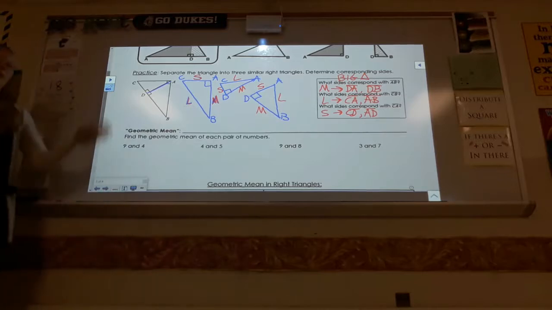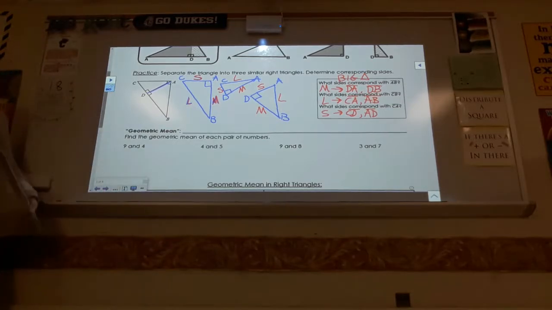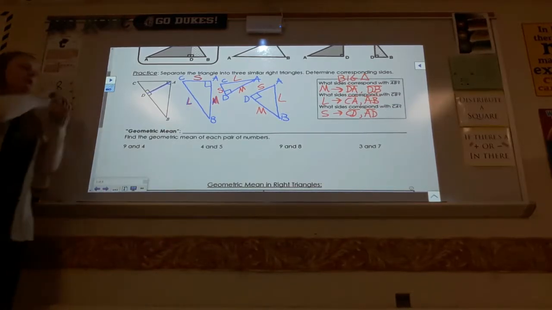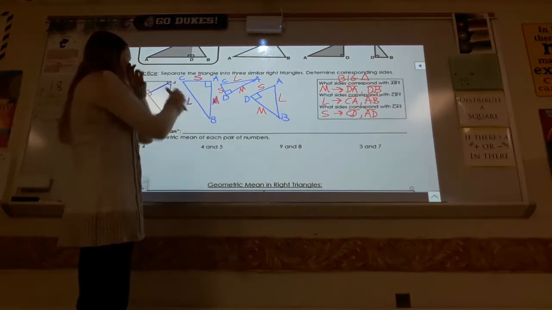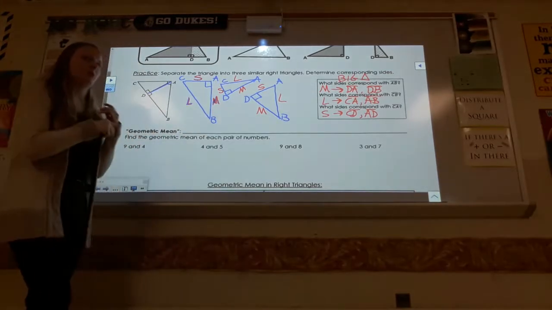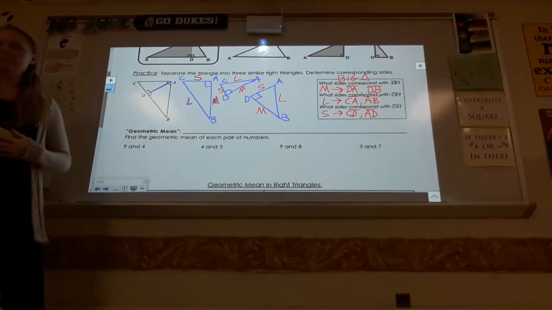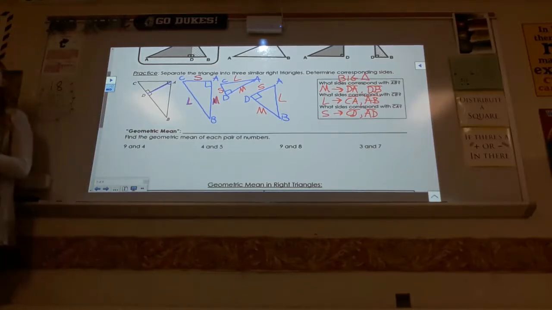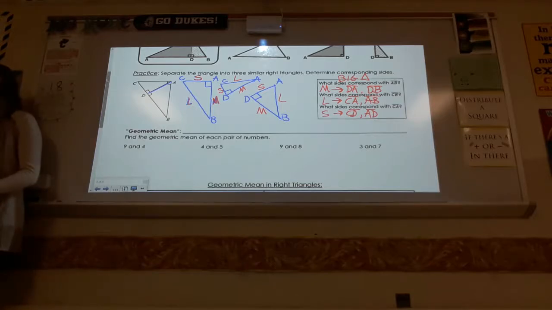Okay? So that's how you approach these questions. If they ask you to find corresponding sides, draw the triangles separate from each other, use the visual to figure out which one's small, medium, and long for each triangle, and then match them up. Okay? So that's not as often what you'll see, but just in case they ask you to find corresponding sides, that's how you would do it with these triangles.